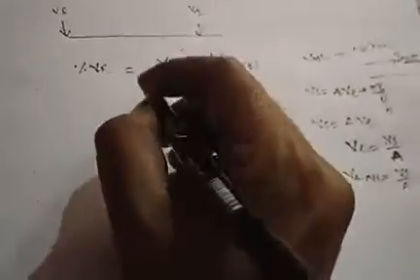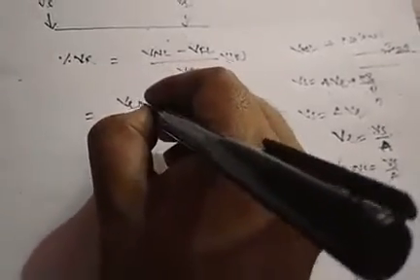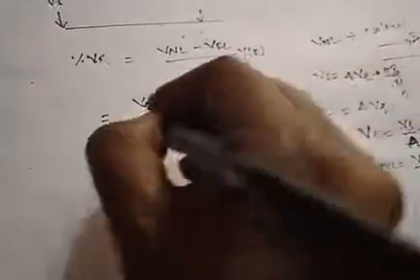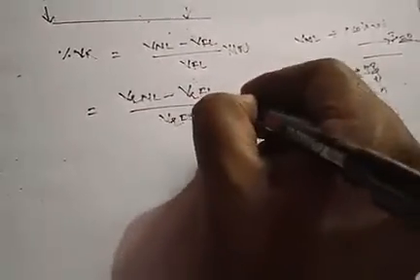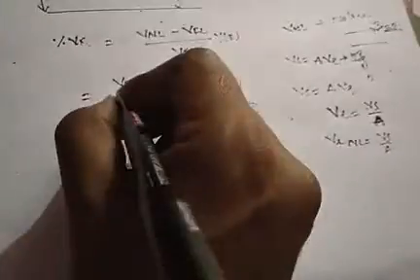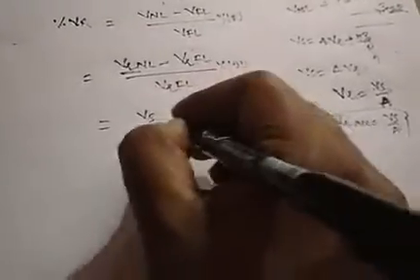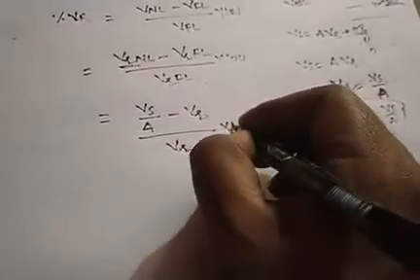Now we'll see what the voltage regulation is. You are regulating at your receiving end. So that means VR no load minus VR full load, divided by VR full load, into 100. What is the value of VR no load? VR no load is Vs by A. So you can write it as Vs by A minus VR, divided by VR, into 100.